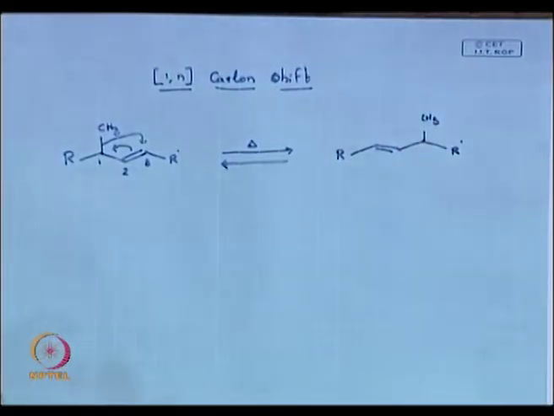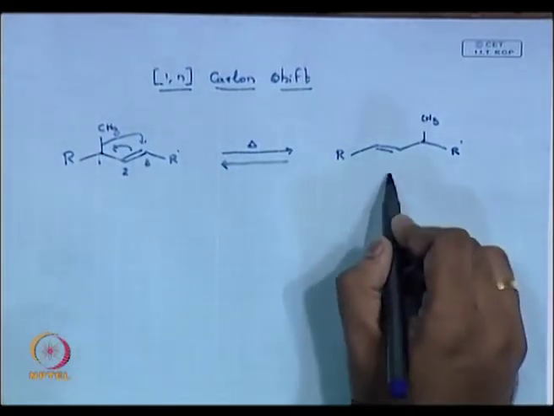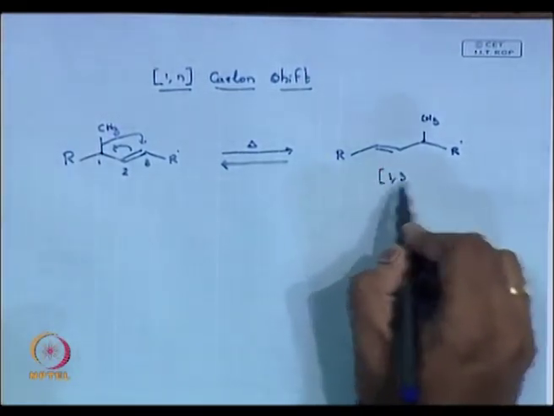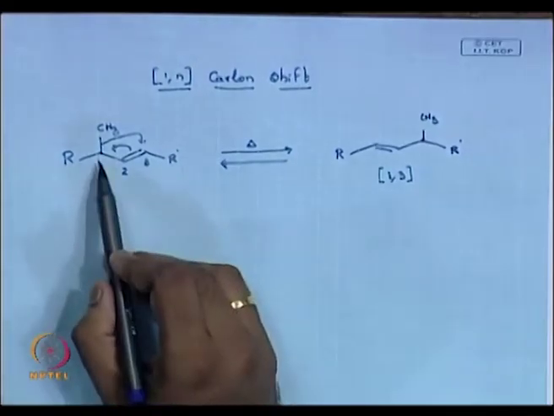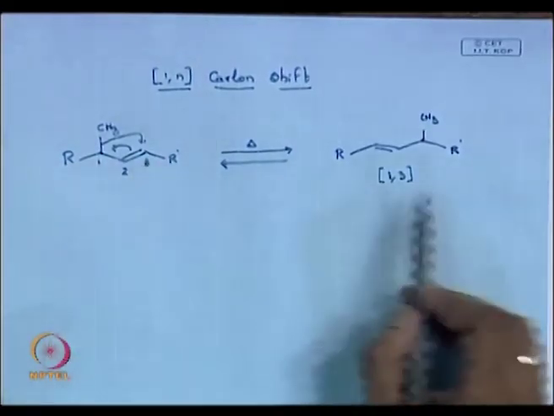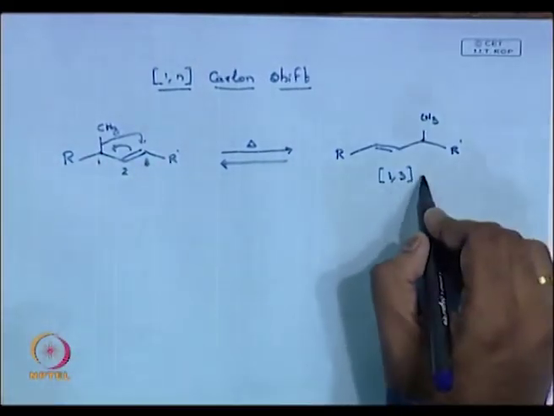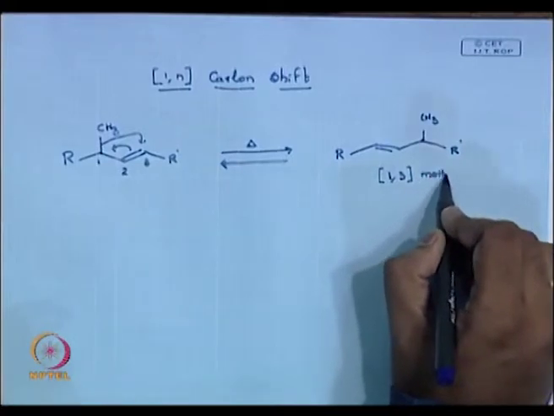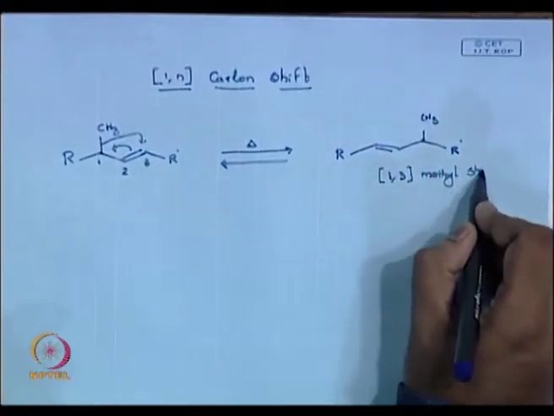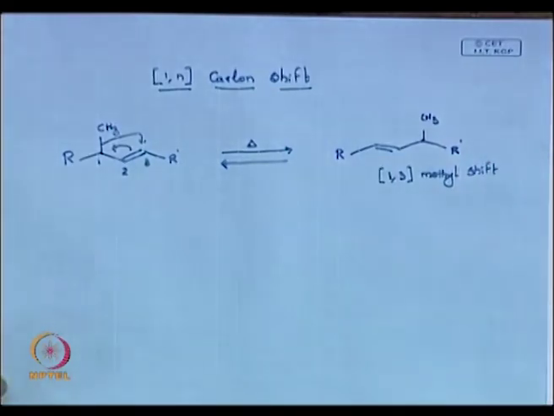Okay. So, you can call this as 1,3, right, because it moved from the first to the third position. So, you call it 1,3, and here you can call it a methyl shift, 1,3 methyl shift. Fine. So, same way you can draw for your 1,5 and 1,7 as you did for your hydrogen shift.